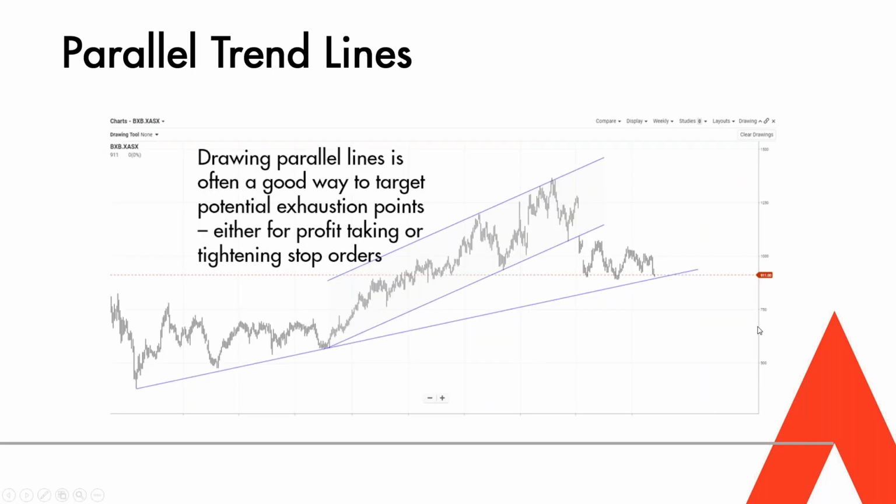Another interesting thing we can do with trend lines is parallel lines. So we draw an initial trend line, and then we would draw a parallel line to the initial trend line. And you place the parallel line on the peaks in between the troughs that you've drawn the rising trend line on. And this creates an ascending channel.